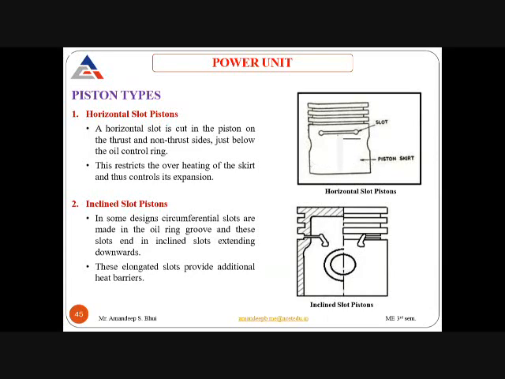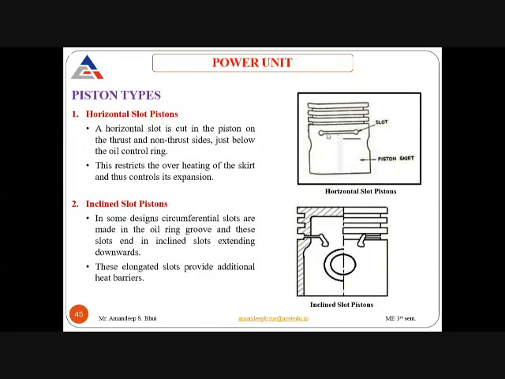So the expansion of the piston skirt is avoided. If the expansion of the piston skirt does not take place, then the wear of the piston and the cylinder lining because of the expansion of the skirt can be avoided. So this is your horizontal slot piston.